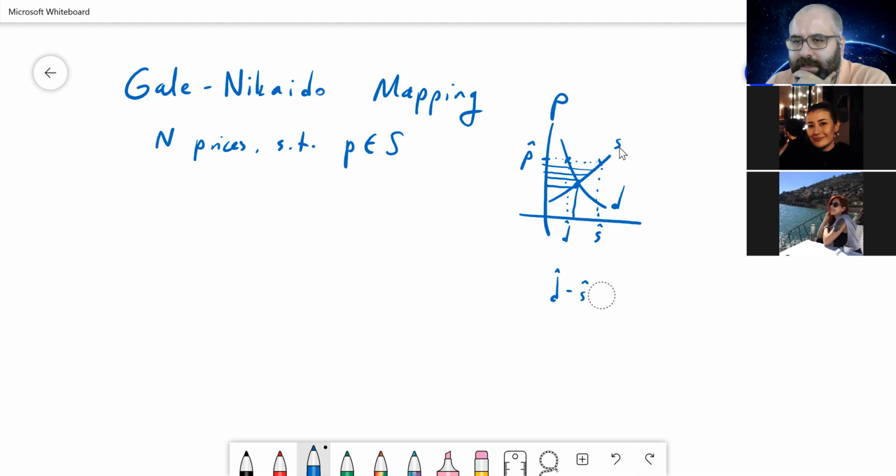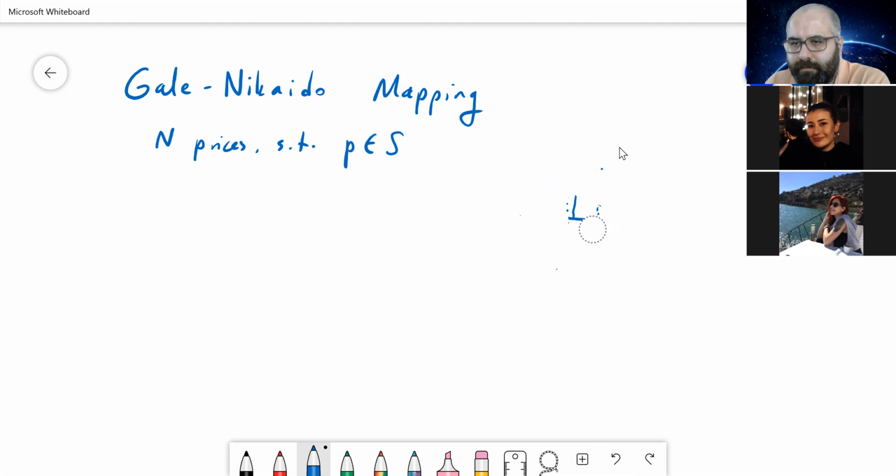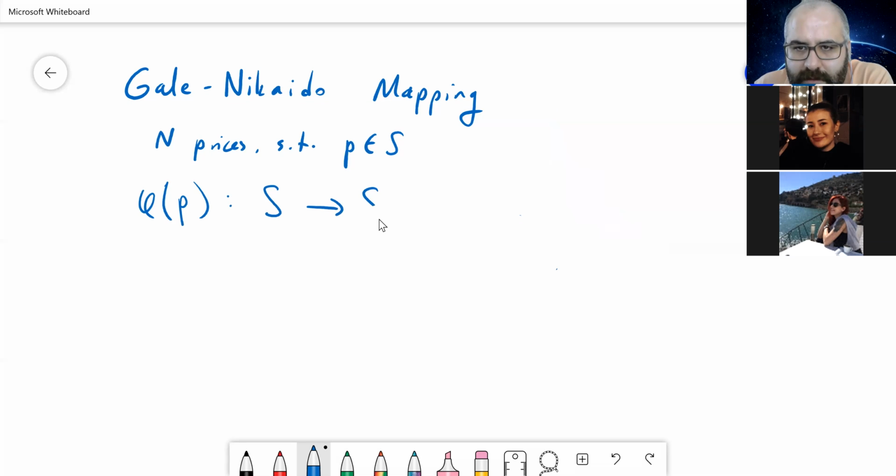To do that, we define the Gale-Nikaido mapping. Again, it's a price adjustment mechanism. So we define a function phi from S to S.